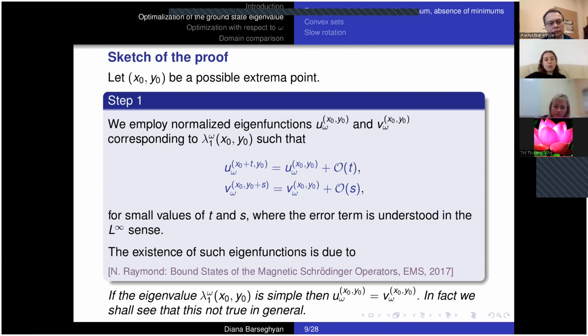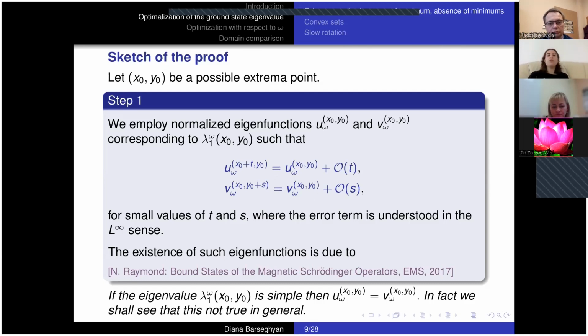We now employ methods of perturbation theory and construct the normalized eigenfunctions u_Ω(x0, y0) and v_Ω(x0, y0), corresponding to the ground state eigenvalue, such that these two expressions hold.